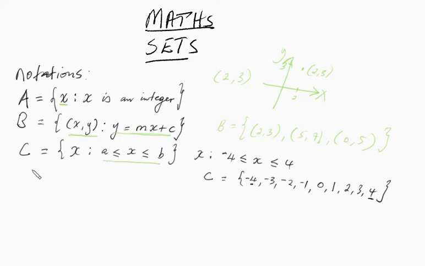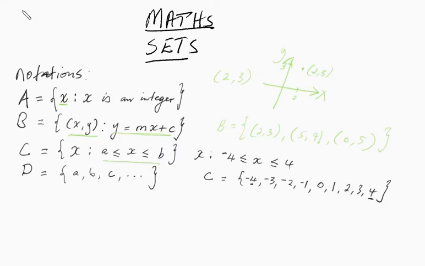Now, the last one could be set D, which is say A, B, C, and so on. So this means that the set is represented in the form of its members or its elements, right? So these are basically the common notations that are used for sets.